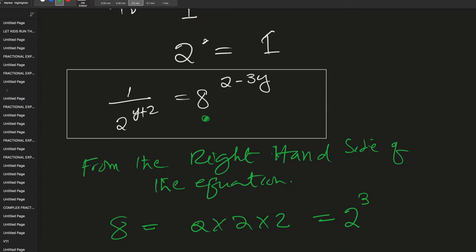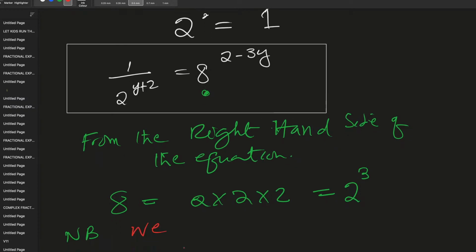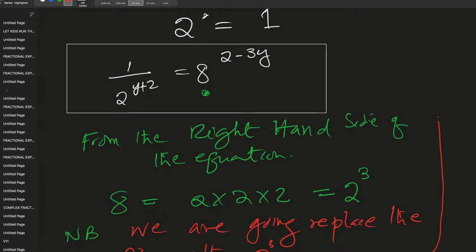Let me make a little note. We are going to replace the 8 with that 2 raised to the power 3. So this is going to go all the way and we'll put it back here. Okay, friends, it makes life easier.